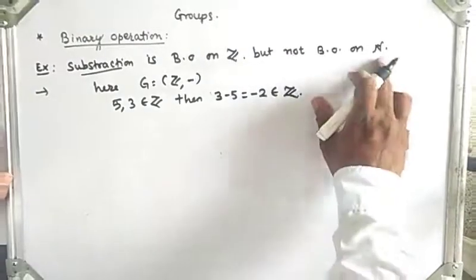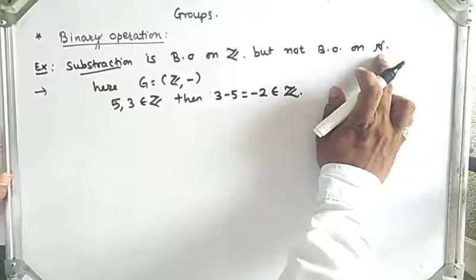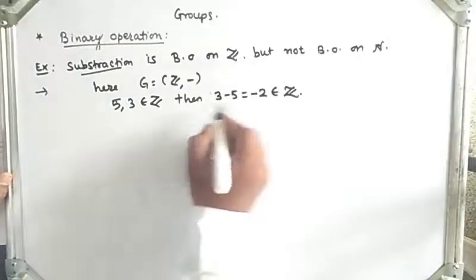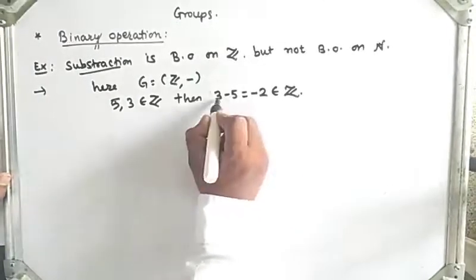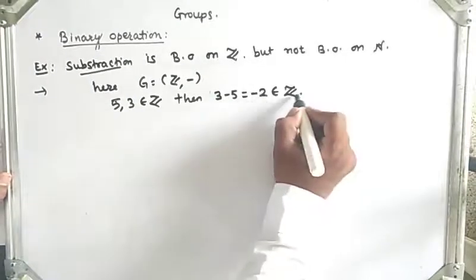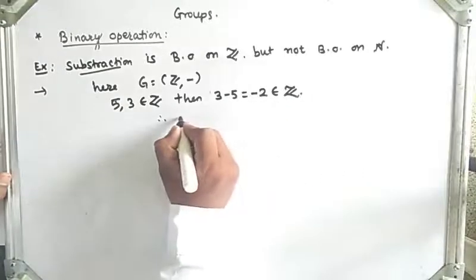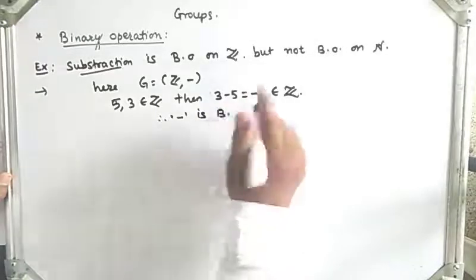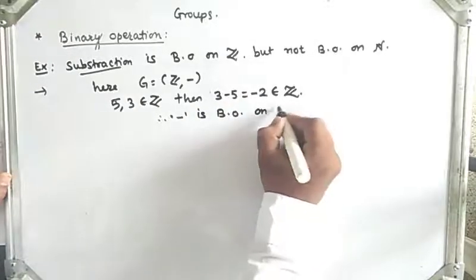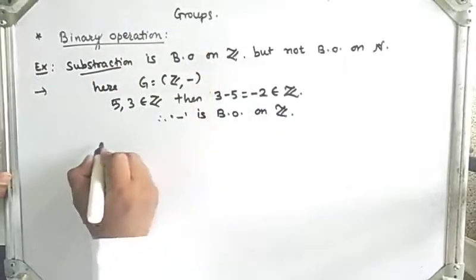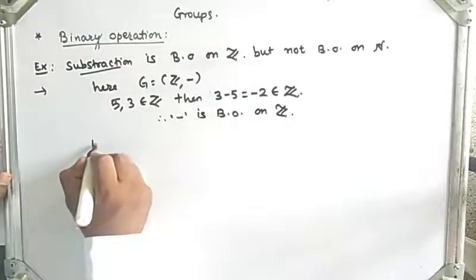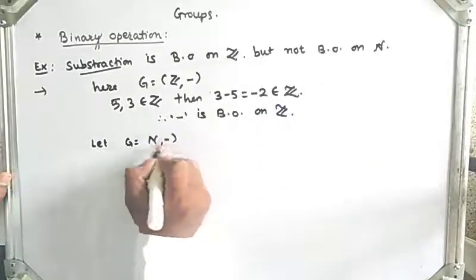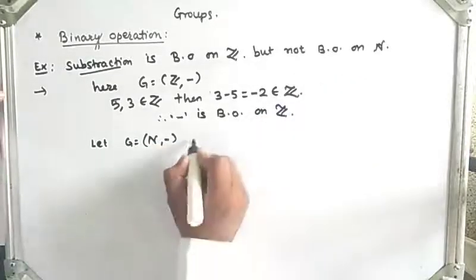But if I take another set, natural numbers, with the binary operation subtraction, then what will happen? Here 3 minus 5, which is minus 2, belongs to the set of integers. Therefore subtraction is a binary operation on the set of integers. Now let G be the set of natural numbers under subtraction.